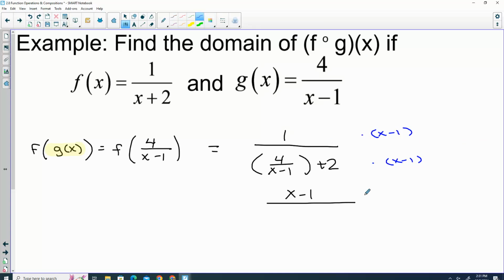On the bottom, we have to be a little more careful. If I take 4 divided by x minus 1 times x minus 1, what happens? X minus 1 cancels, I get a 4. Plus, then I have to do 2 times my x minus 1, because I have to take the x minus 1 to every term.